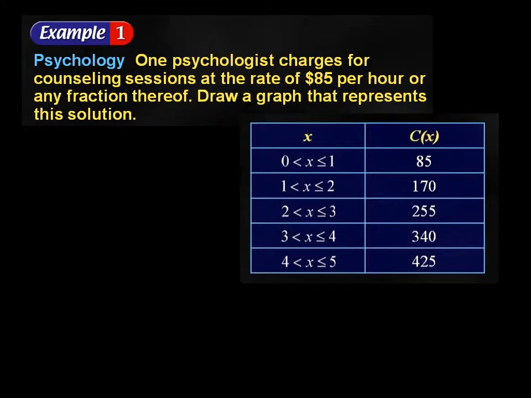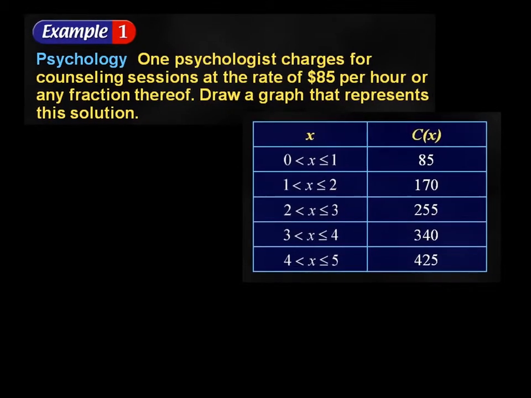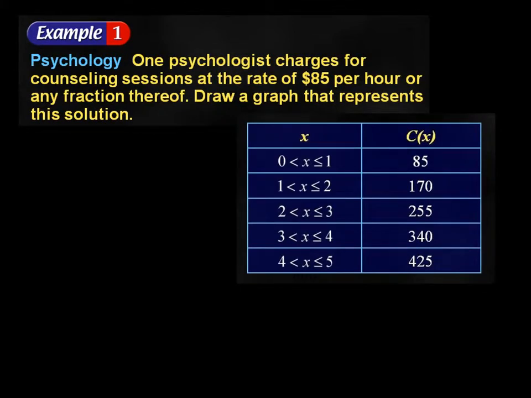One psychologist charges for counseling sessions at a rate of $85 per hour or any fraction thereof. Draw a graph that represents this situation. Okay, so if you are in counseling for anywhere from 1 minute up until 60 minutes, you pay $85.